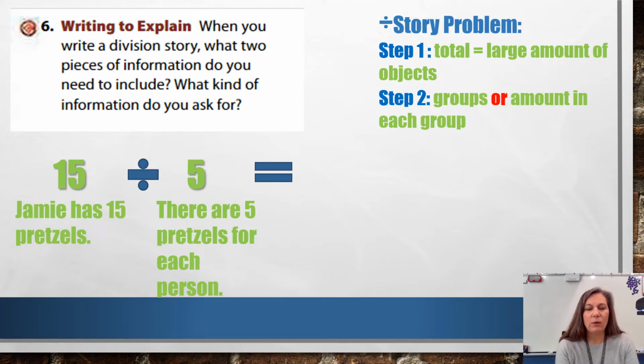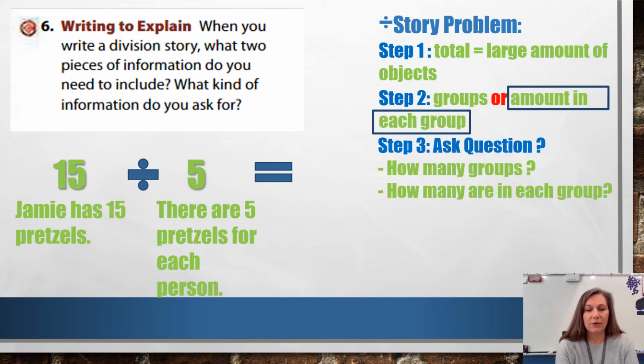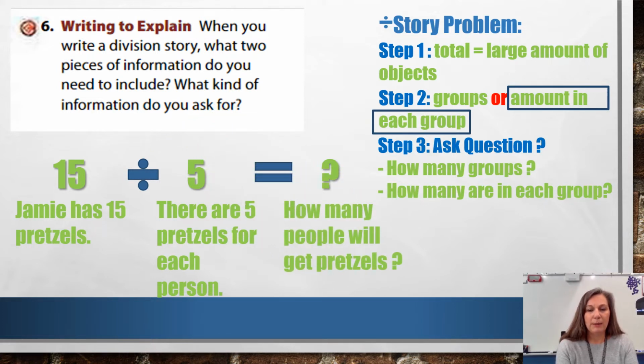Now that we know the number of pretzels for each person, step 3 is going to be the opposite. We're going to look for how many groups we have. So our question should be how many groups there are, or how many people are going to get pretzels. How many people will get pretzels is the question that we're solving for.